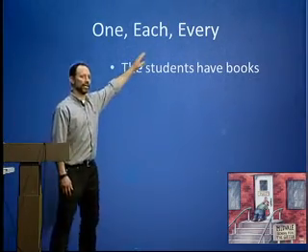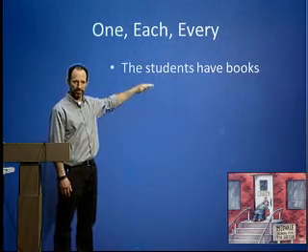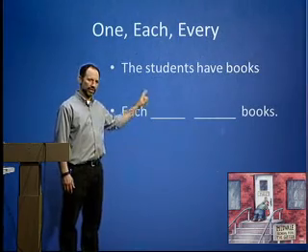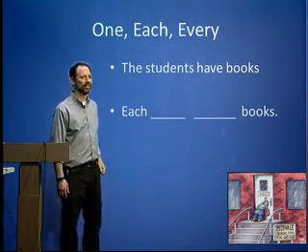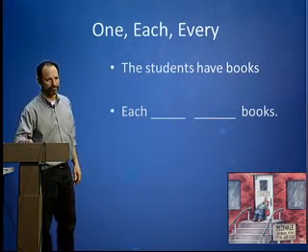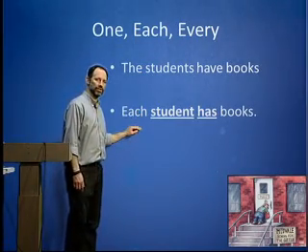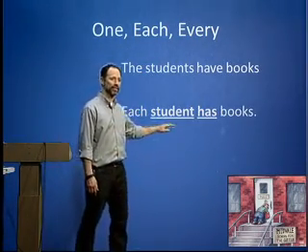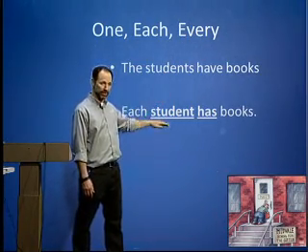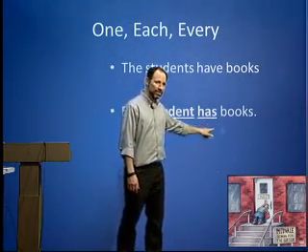Let's talk about the word each now, and I'll start with the same sentence. The students have books. If I use each to get the same idea, what goes here and what would go here? So after each, just like after one, I use a singular noun, no S on student, and then the verb changes to the singular form.